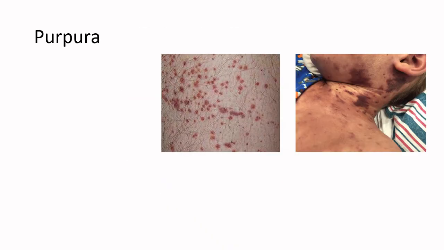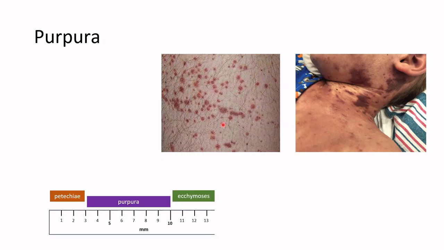Let's talk a little bit more about purpura in general, not necessarily purpura fulminans, and you see two quite different pictures of what purpura can look like. Here on the left one, you could say this is maybe still somewhere in between petechia and purpura, or a mixture of the two, because as we said before, this is based on size.